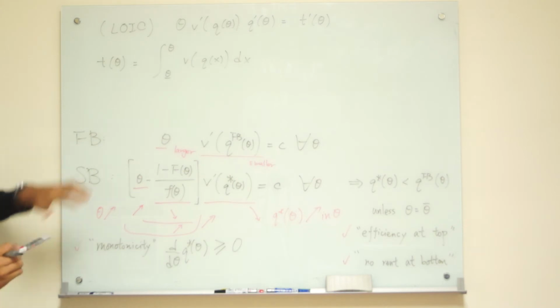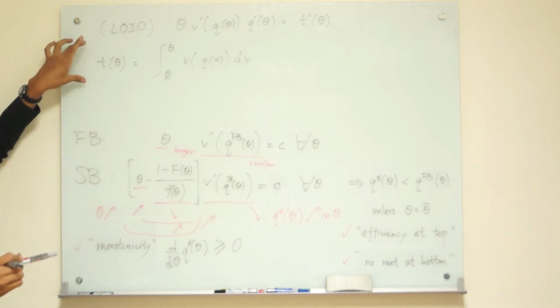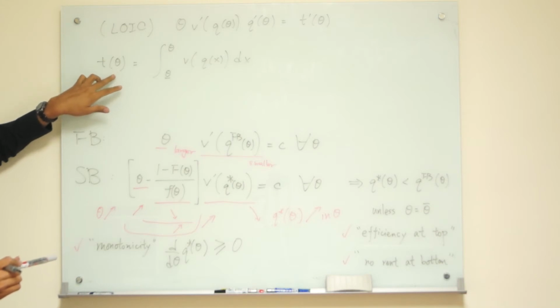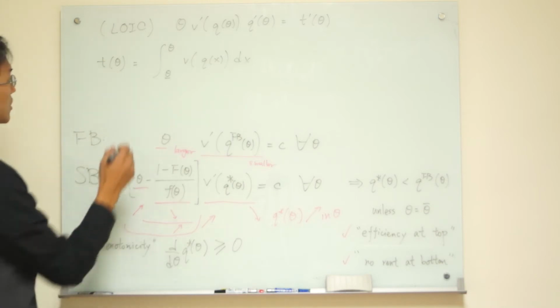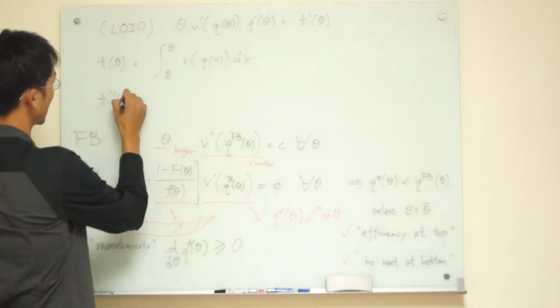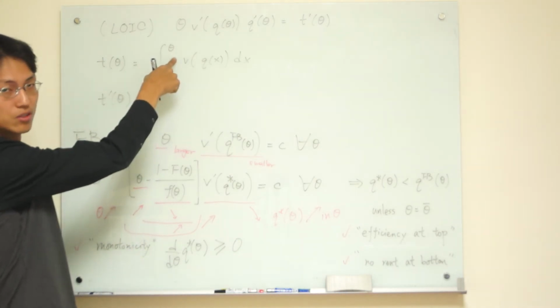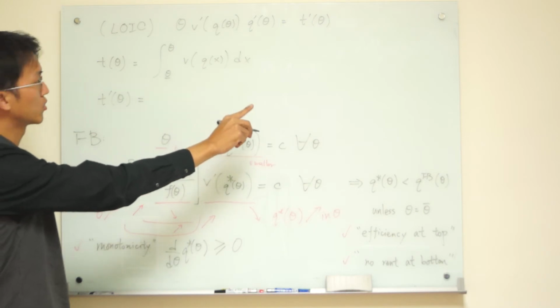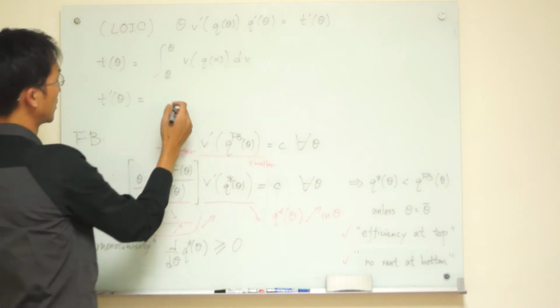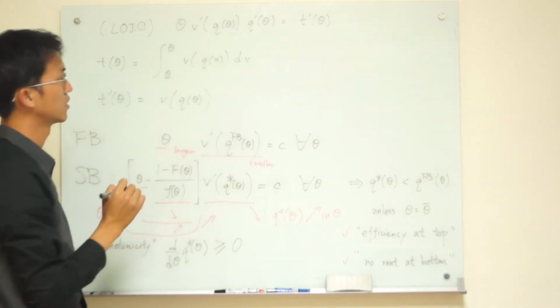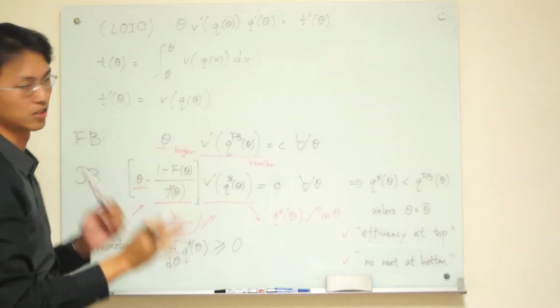Now let's see, if we take a first order derivative of t with respect to theta, what's going to happen? Here theta is a variable. So if I do this, I'm going to get this thing, right?